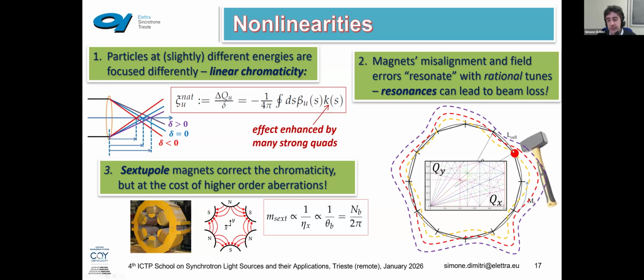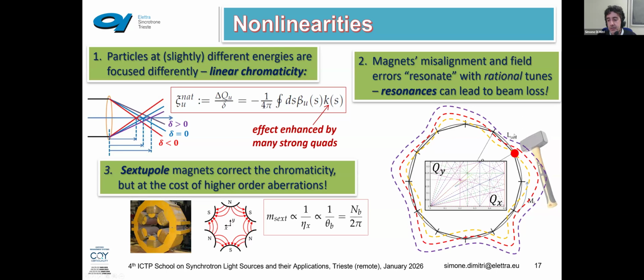And doing this, if the particle goes back to the perturbation always with the same position and angular divergence, the perturbation starts resonating with the orbit of the particle. In other words, you are amplifying the effect of the error on the orbit of the particle, and that perturbation can lead to an amplification of the orbit deviation, which means basically at the end, after many turns, the particle can get lost.